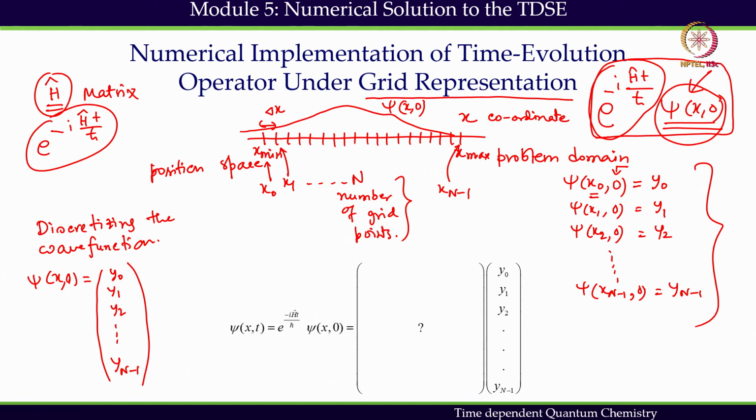The moment we represent this part by a column matrix, the question is, how do I represent this exponential operator in terms of a matrix? In the end, if I multiply this matrix by the wave function, I get back the wave function at a particular time, and that is the motivation of this exercise. What would be the matrix representation of this exponential operator?